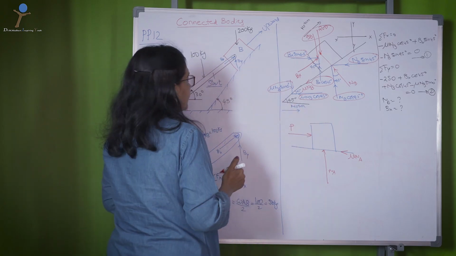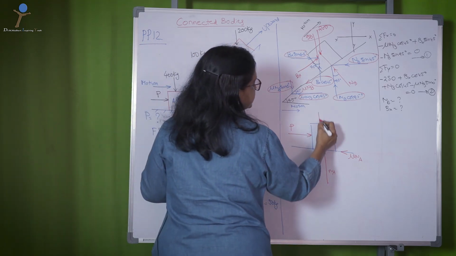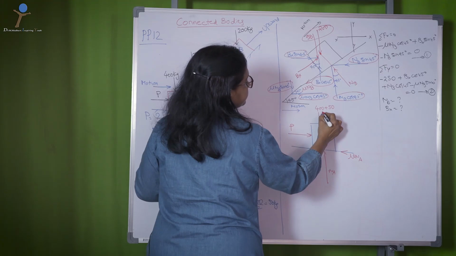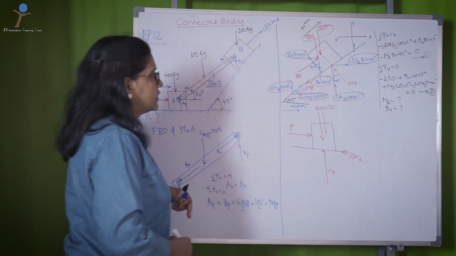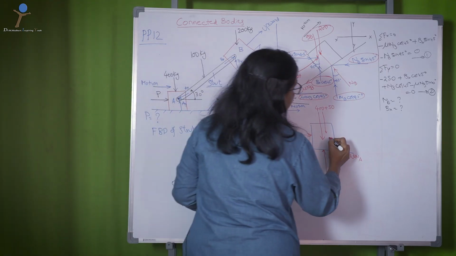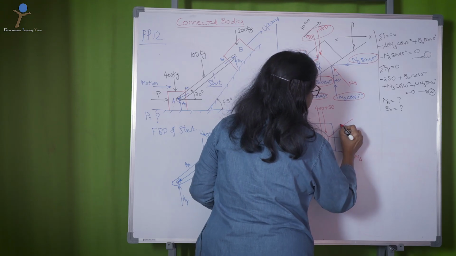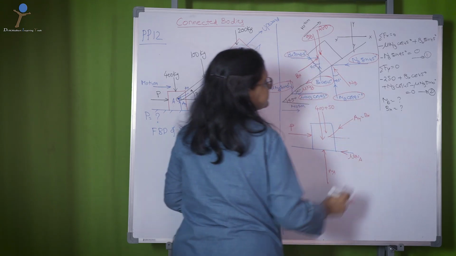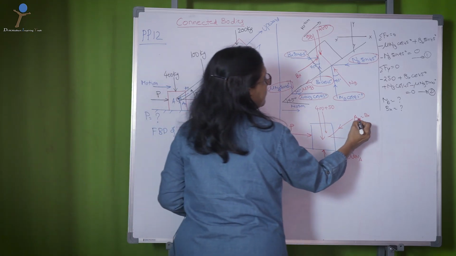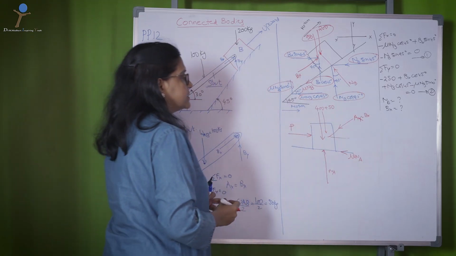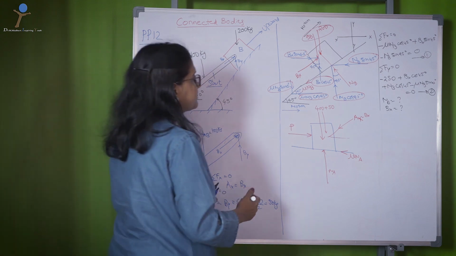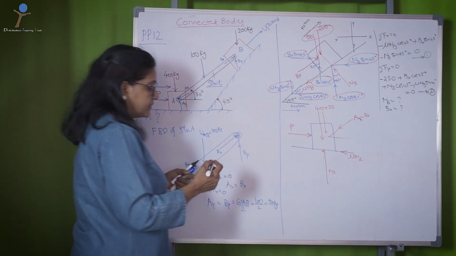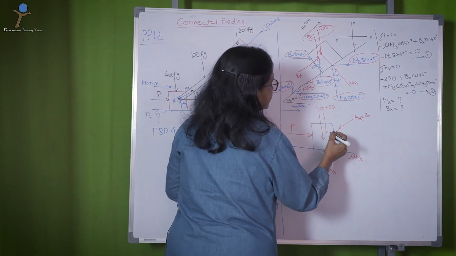Then you have the weight of the object, that is 400 plus 50. Then you have Ay, which is equal to Bx, or Ax equal to Bx. You can either use Ax or Bx. Now, the angle subtended with this is 30 degrees.